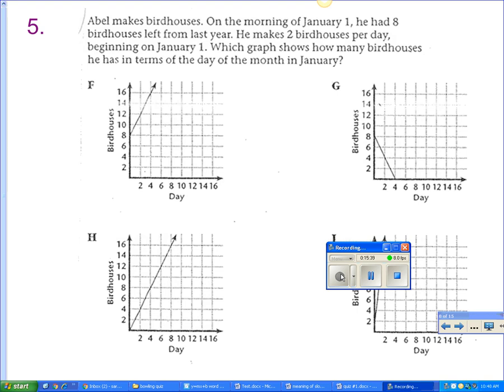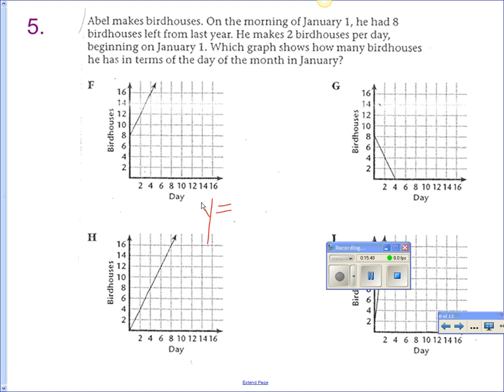Louie, what do I want you to do first before you pick a graph? Good. Make a y equals. Allison, how many birdhouses is he starting with? Very good. On January 1st, he had 8. So that's when he's starting. So he has 8 birdhouses. Neve, what else happens to his birdhouses? So how would I write that with my function? Plus 2x. Good.